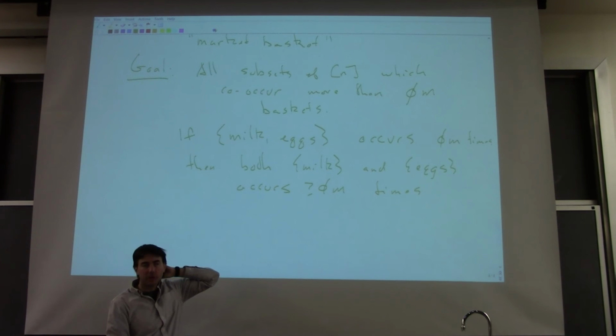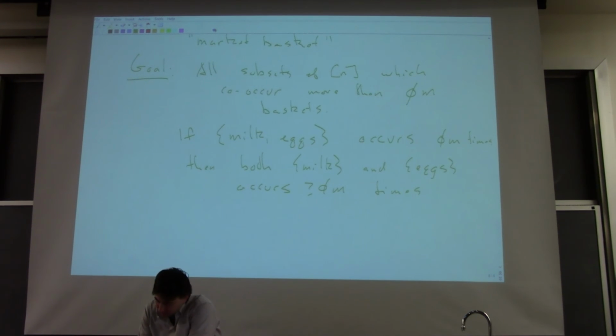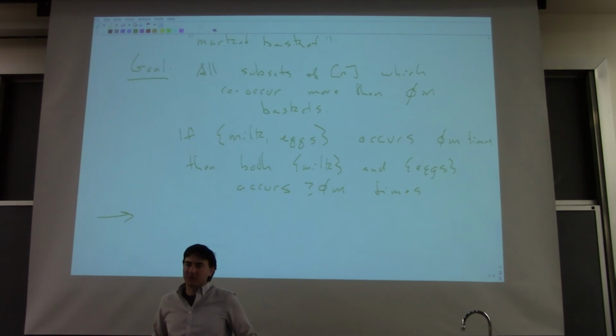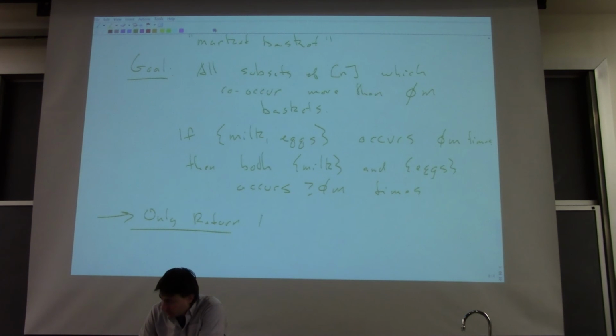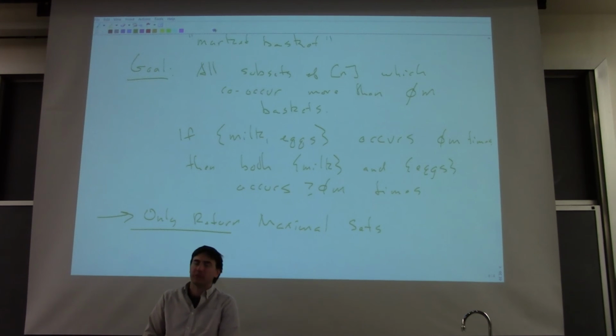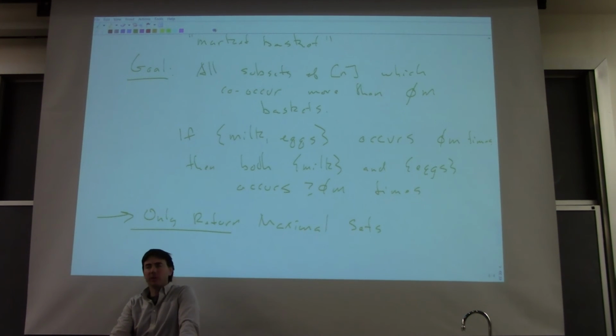Okay? So this tells us two things. One, there may be a lot of these combinations of subsets that occur. We're only going to return these maximal sets. This will cut down greatly on the number of sets we have to return.